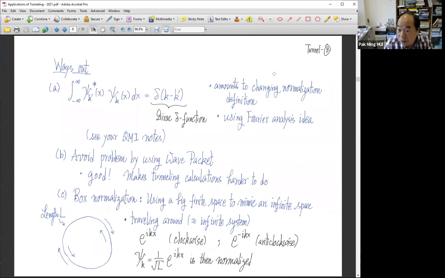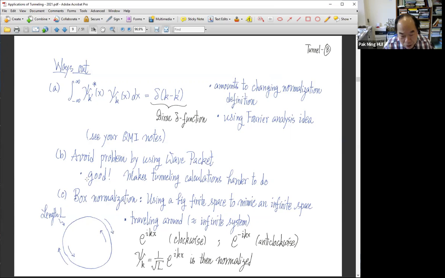That is a very good way to do it. Formal, no problem about normalization because a wave packet can always be normalized. And then you can actually see what happens as the wave packet hits the barrier. A very interesting thing, okay? But the calculation will be harder.